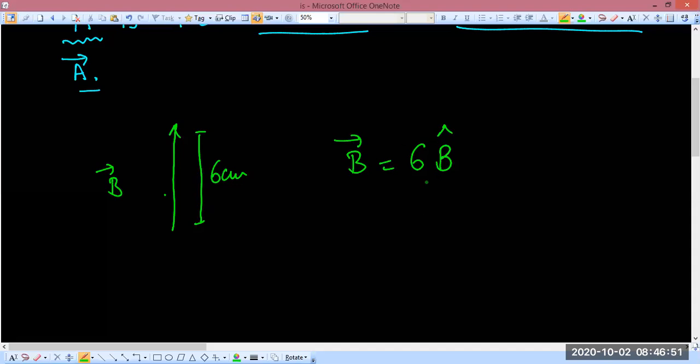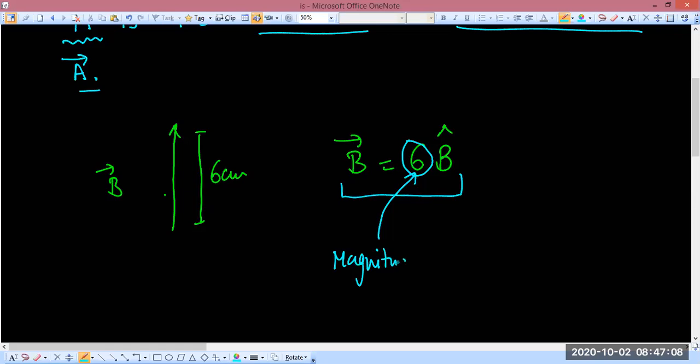So do you all realize that whenever you write a vector like this, this 6 indicates magnitude. Agreed? Yes or no? And now, a vector has just two parts.